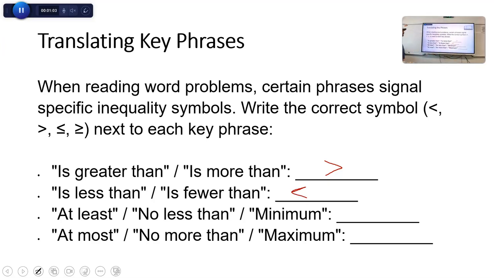At least, no less than, or a minimum is going to be a greater than or equal to, because I ate at least 7 donuts means I ate 7 or more. Or if I said I ate at most 7 donuts, that would be 7 or less. So it'd be less than or equal to. So you can remember those key phrases we went over earlier.